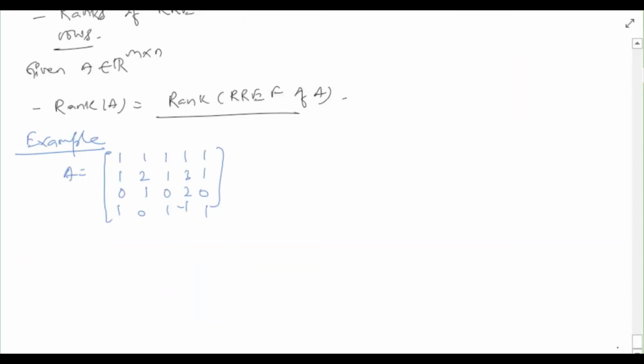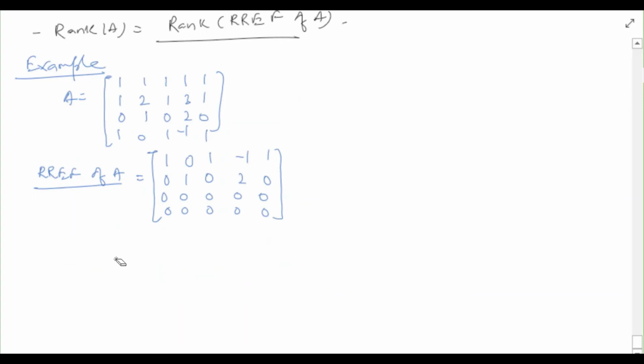It can be seen that the reduced row echelon form of A happens to be 1, 0, 1, minus 1, 1, 0, 1, 0, 2, 0, 0, 0, 0, 0, 0. And the last row is also an all 0 vector. So we see that the reduced row echelon form of A has two non-zero rows. So its rank is 2. So the rank of A is also 2.